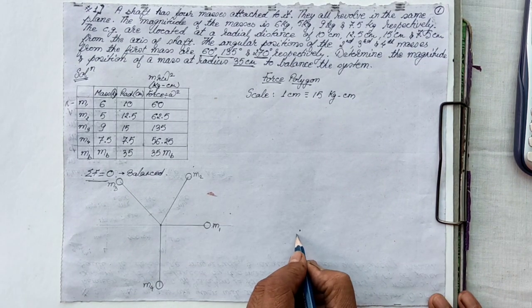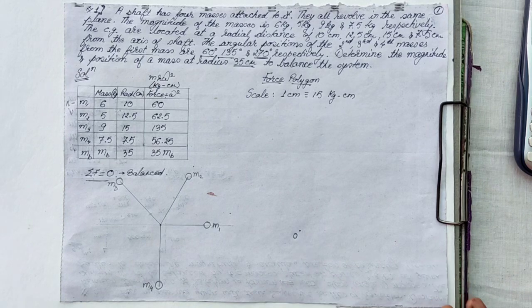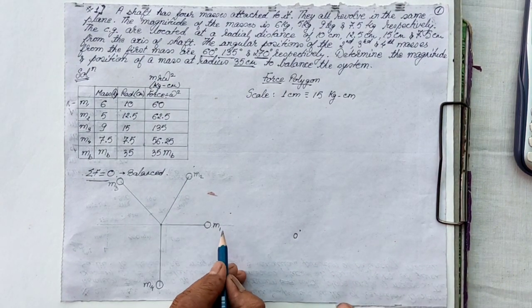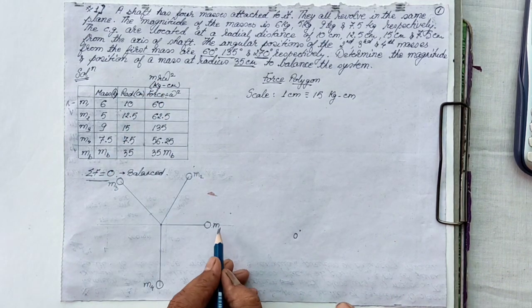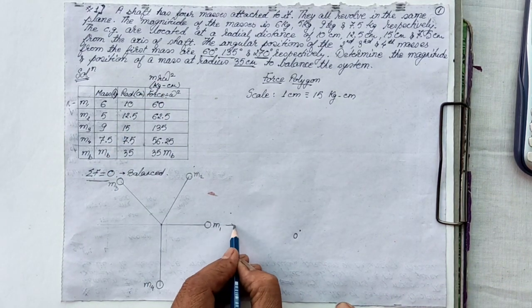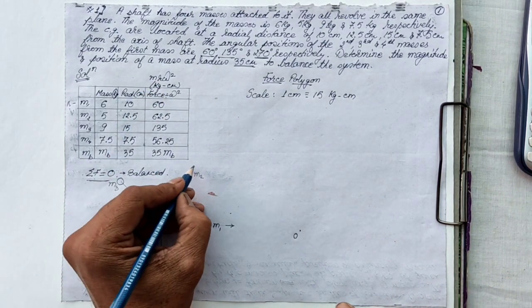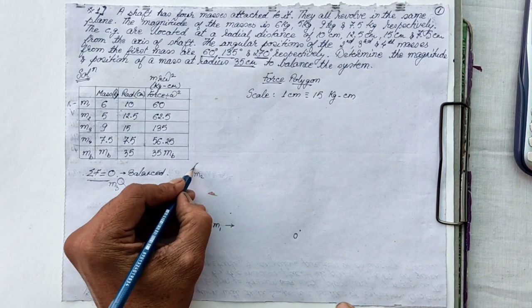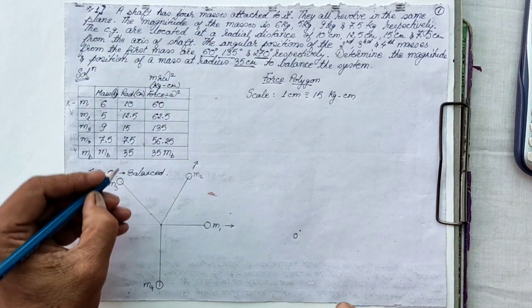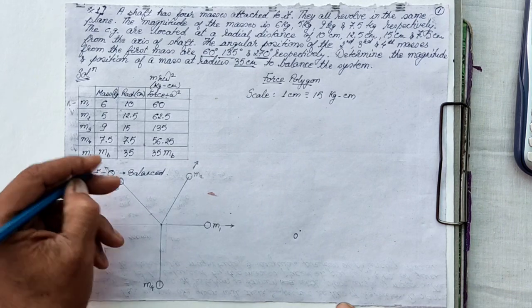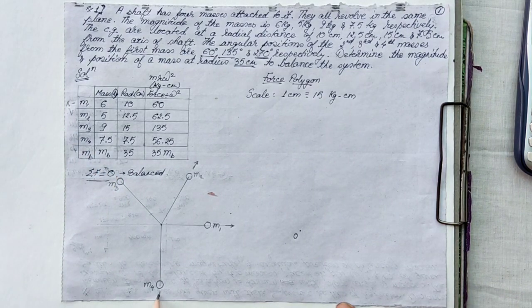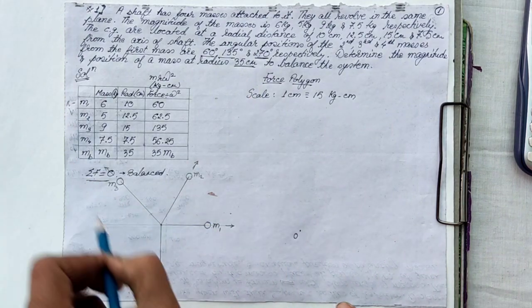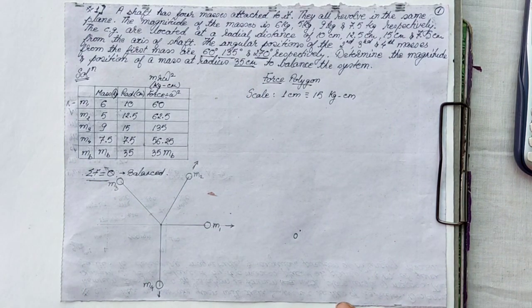So I take this as the pole O. Now, when these are rotating, the centrifugal forces due to mass 1 will be acting radially outward, in this direction. Force due to this will be acting radially outward. For M3 also, and for M4 also. So the vectors will be in the direction of the force acting, and accordingly we will draw.